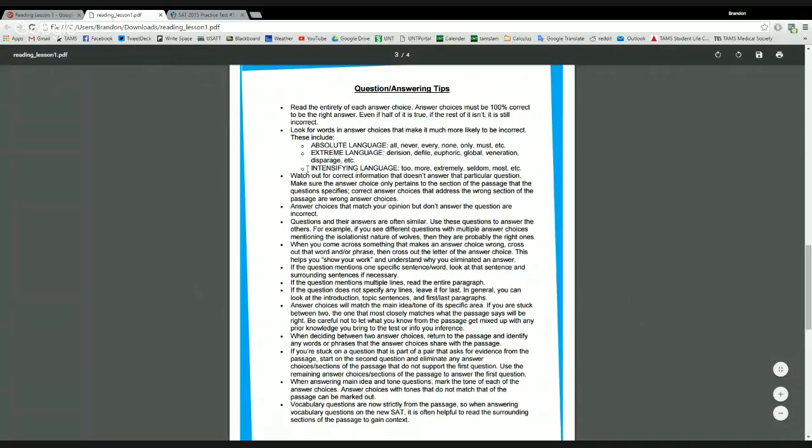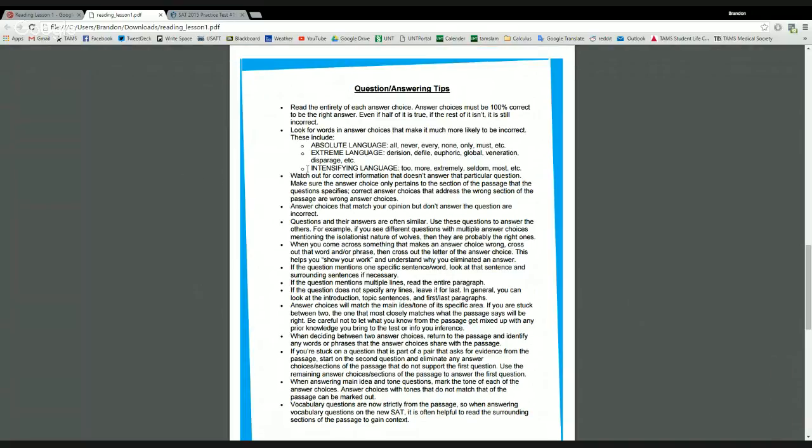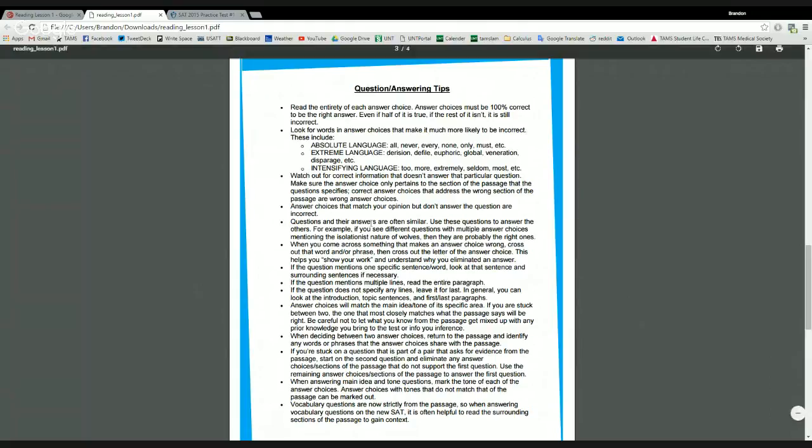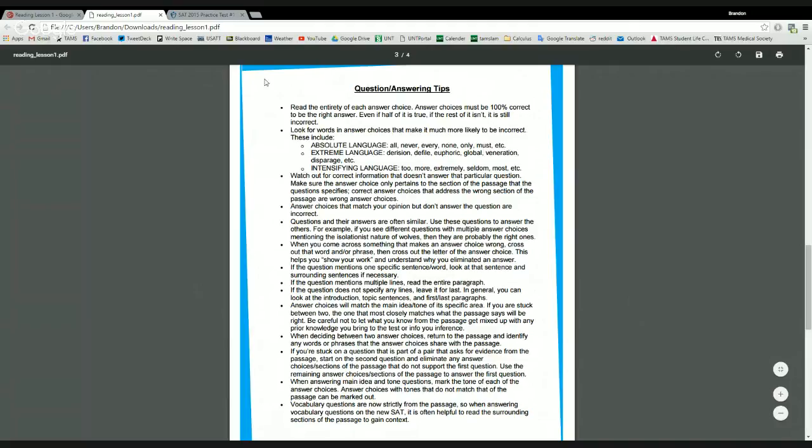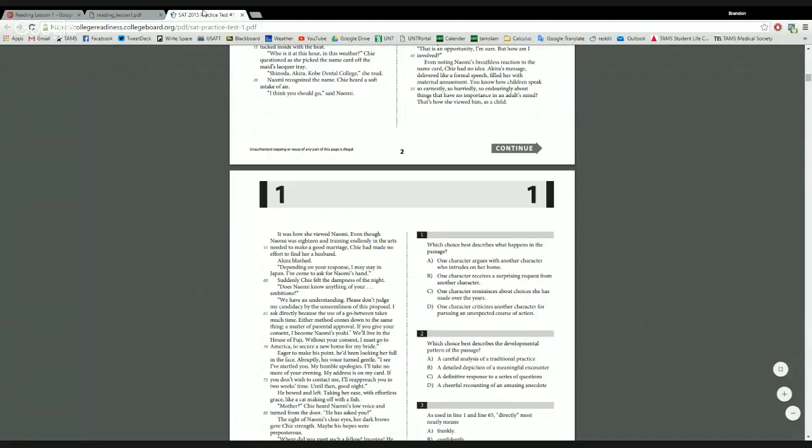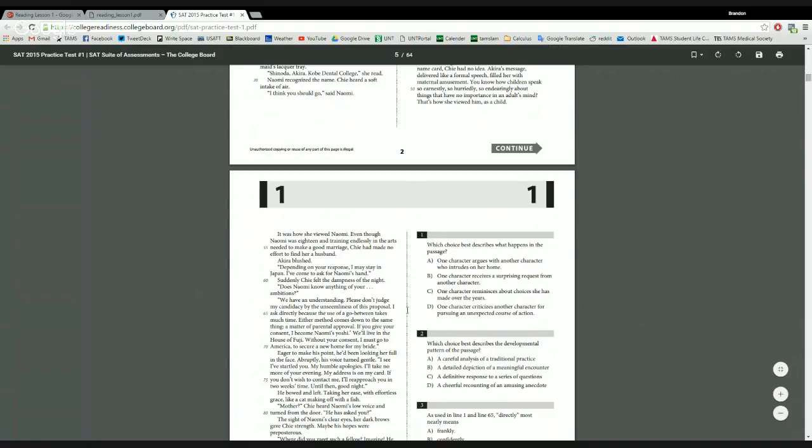So watch out for correct information that doesn't answer that particular question. Make sure the answer choice only pertains to the section of the passage that the question specifies. Correct answer choices that address the wrong section of the passage are wrong answer choices. So let's say they give you a question for, I don't know, line 60.